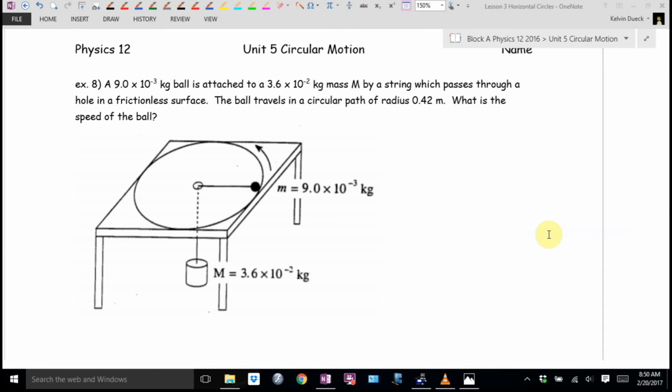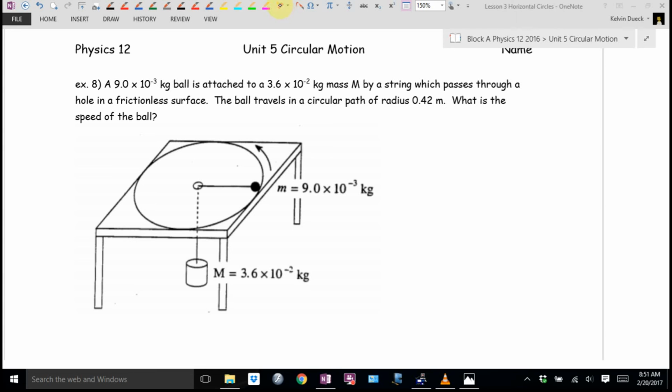James, what does this question want me to find? Which I think means eventually when I do my circle equation, I'm probably going to use the v squared over r and not the 4 pi squared r over T squared. Yes? All right. There's going to be a couple of free body diagrams here because there's 2 masses. This is sort of like a glorified Atwood machine, except now we've added moving in a circle as well.